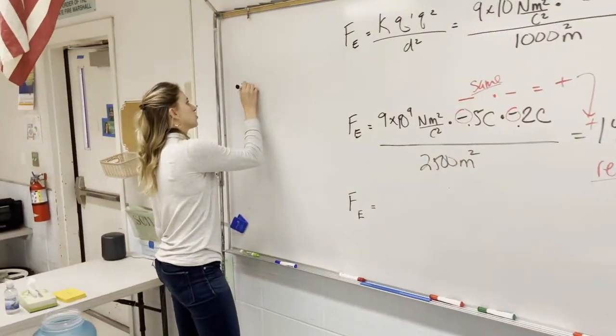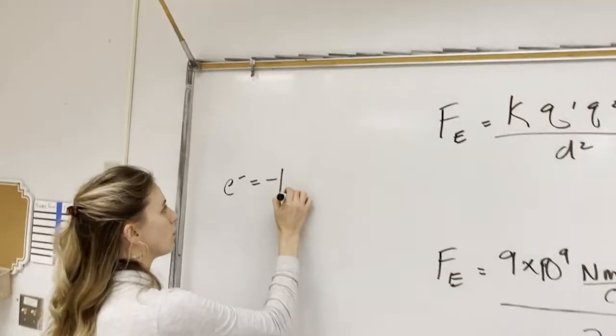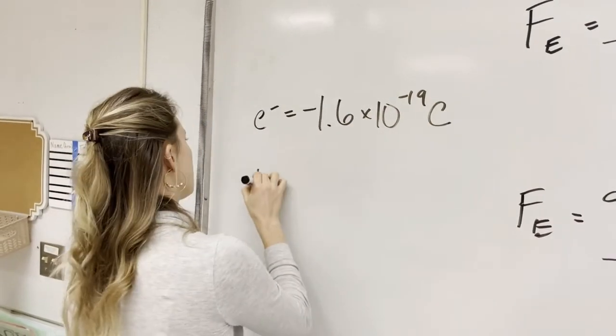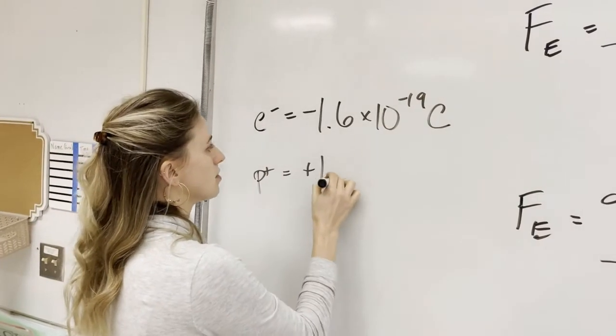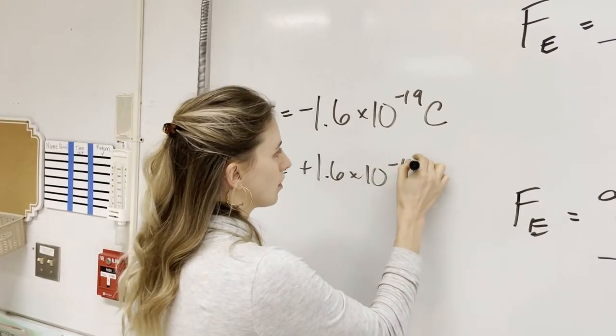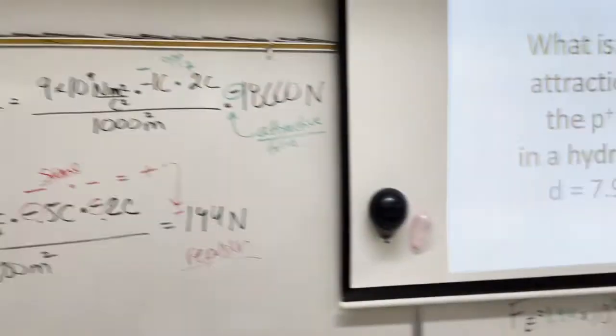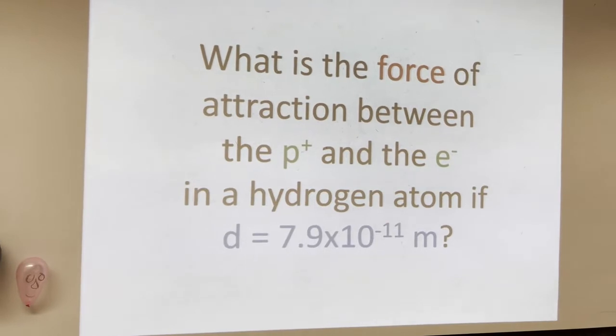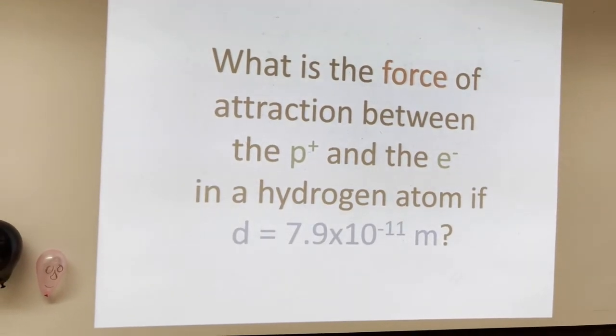Okay. Well, the electron is going to be negative 1.6 times 10 to the negative 19th coulombs, and a proton is going to be a positive 1.6 times 10 to the negative 19th coulombs. Go ahead, see what you can do with this. Pause the video, see if you can do this, and then we'll talk about it.